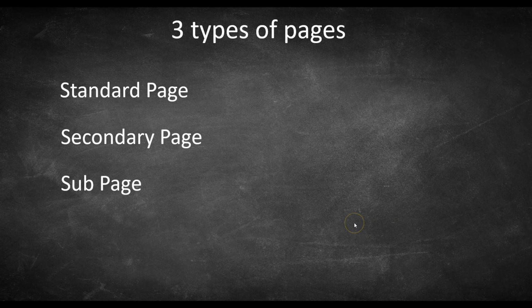The second type of page is called as secondary page, and these pages are not available at runtime similar to standard page. If we need to open a secondary page, then we need to access that secondary page through a standard page with the help of a hyperlink or a push button. Let us see one example.